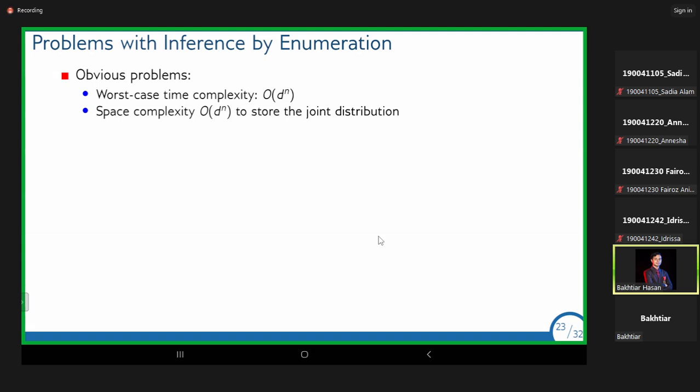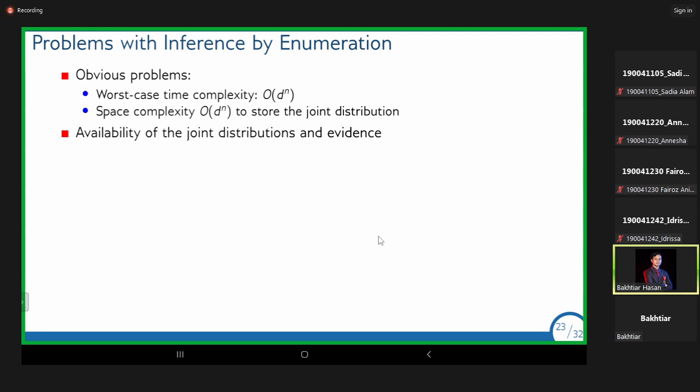There are some subtle problems as well. One of the problems might be that we might not have the entire joint distribution to begin with. Once we get the joint distribution, getting down to the query is really easy. However, consider the amount of computation we have to do to learn all the probabilities.